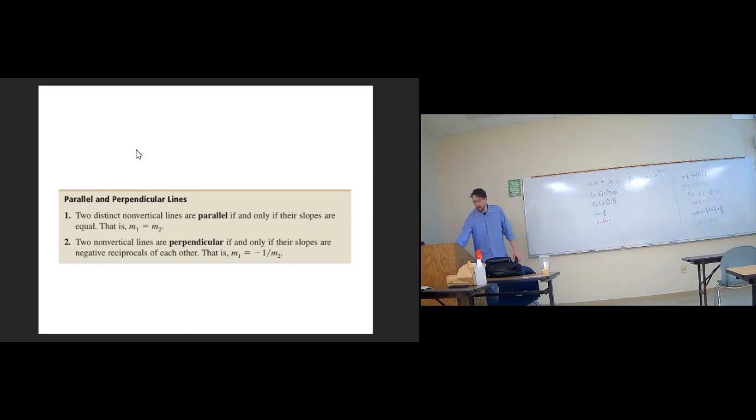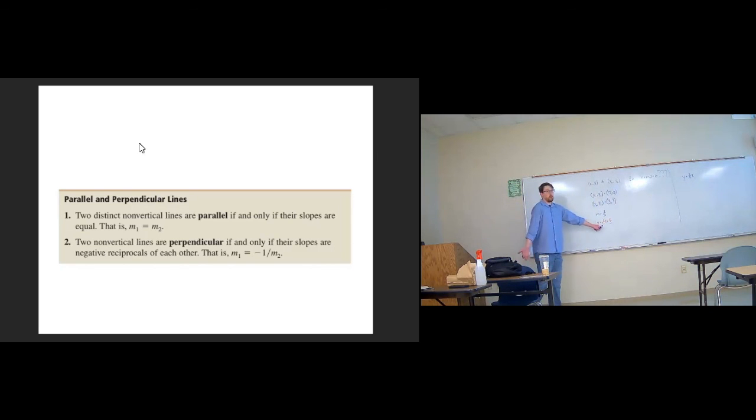So, for example, using this example on the board right now, if I asked a question, find a line that's parallel to this, all we need is another line with the same slope, but that goes through a different y-intercept, right?